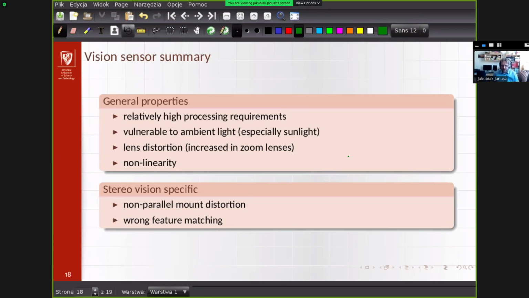And if we don't want to change and create a special environment for the robots, we want the robots to be able to perceive the same types of information as humans do. So it may be less important in special environments like industry, but if we talk about the social robots, the robots that work with humans and that will appear in our regular environment, then the vision becomes important.